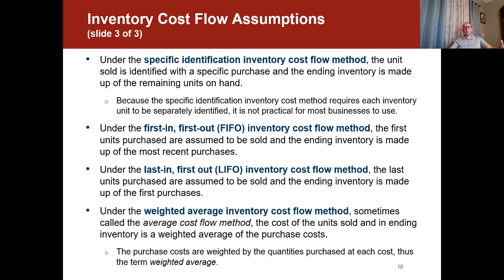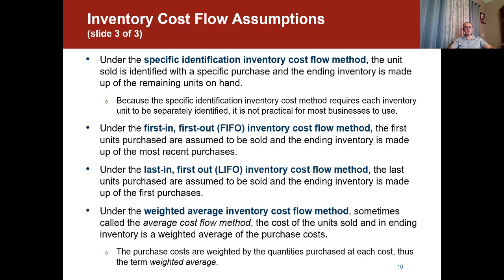So now let's summarize that. There's one more method that I just want to add, which is called the specific identification inventory cost flow method. In this case, we can trace which item we sold based on a serial number or some kind of identification on the item that we sold. Is it very common? It's only common in businesses where we have maybe very few items that can be easily identified, and the sales transactions are not so many.